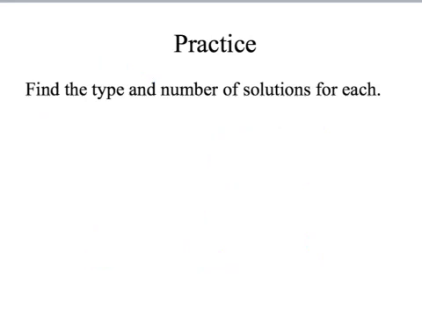Okay, so let's go ahead and practice. We're going to find the type and the number of solutions for each. The first problem is problem number 3 in your notes: x squared plus 36 equals 12x. I'm not asked to solve this quadratic. I don't really need to know what x is. I want to know what the type of solutions would be if I were to find x.